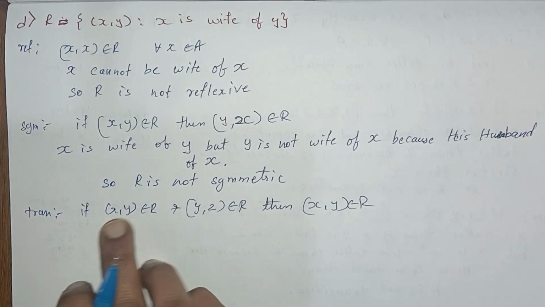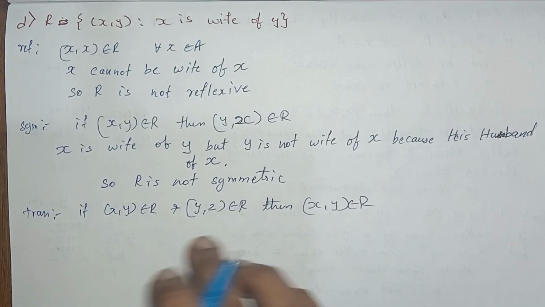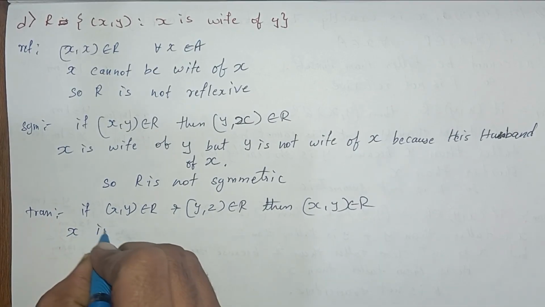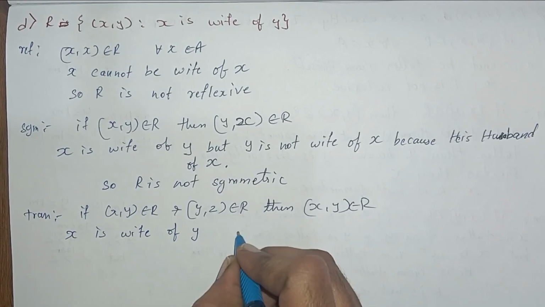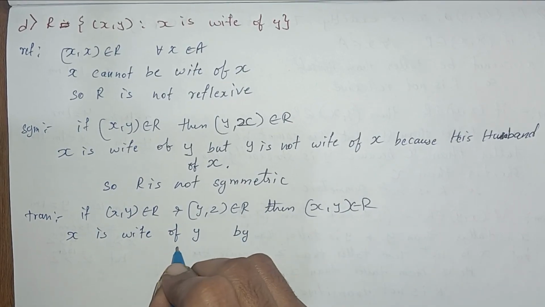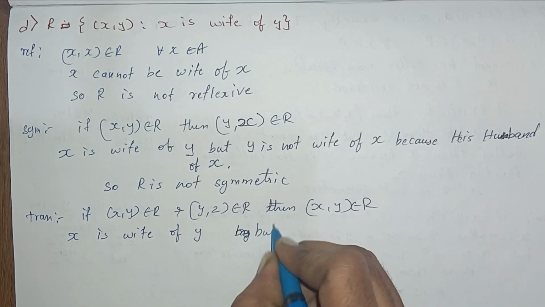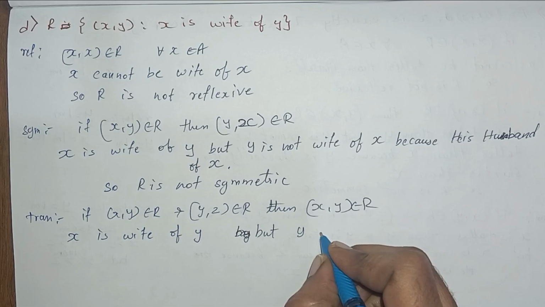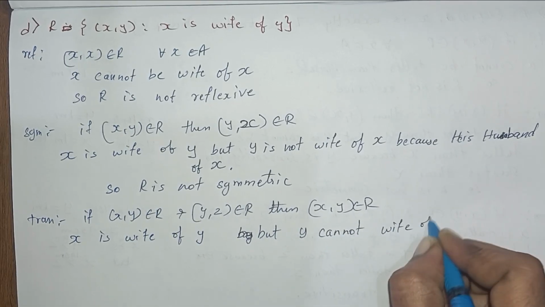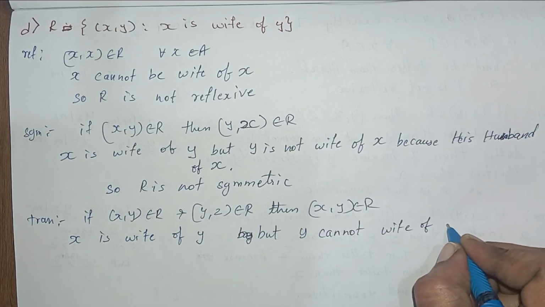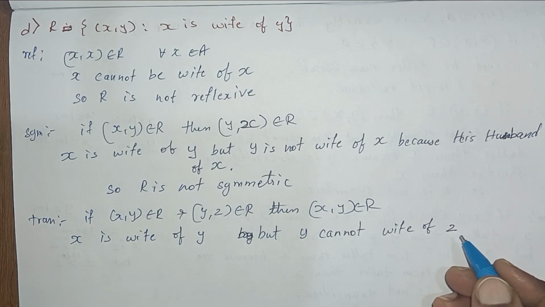Here x is a wife of y, but y cannot be a wife of z. There will be no such pair where y can be a wife of z.